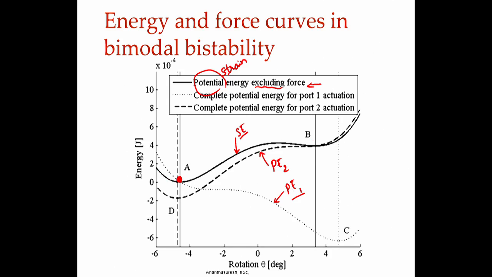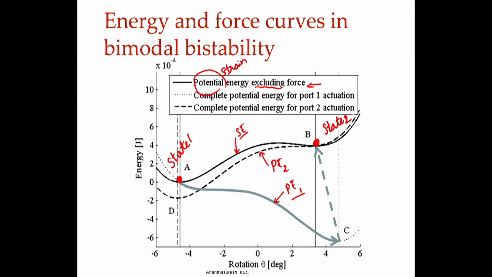The moment you apply the potential energy 1 landscape, that is you apply port 1 force, it becomes like this, and the ball from there would roll and reach that point. Then you remove the force, it comes back to where it should be, that is a second stable state. This is stable state 1, this is state 2, it comes there.